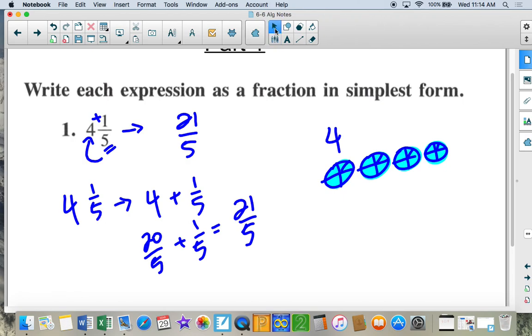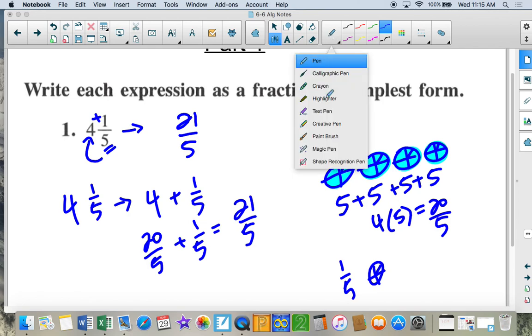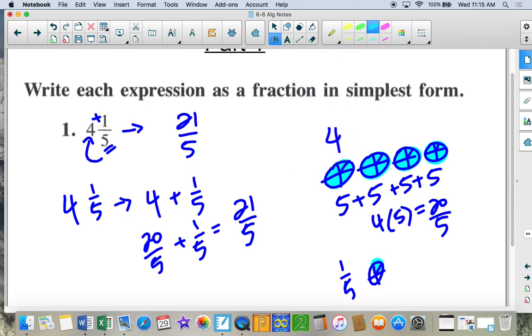So we have 5 pieces, 5 pieces, 5 pieces, 5 pieces, or 4 times 5, which equals 20/5. And then we've got that one extra that is shaded in. So that's how we get 21/5.